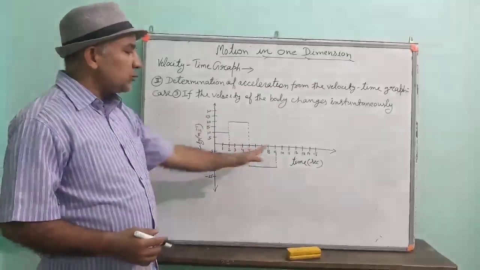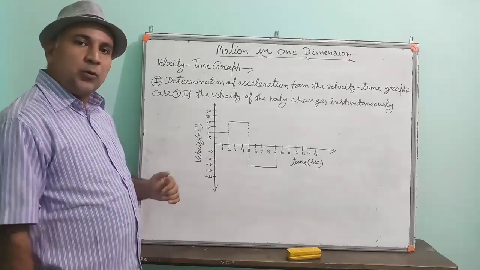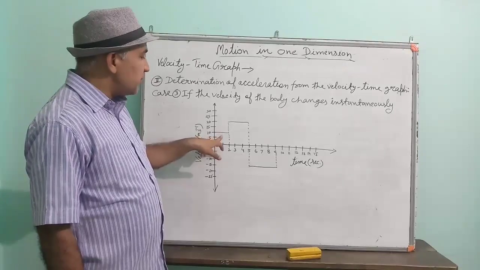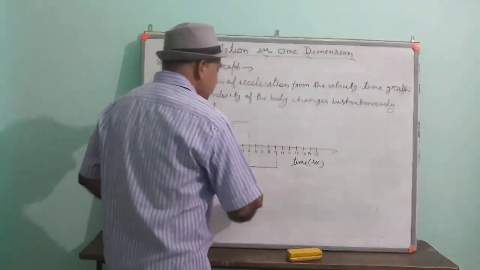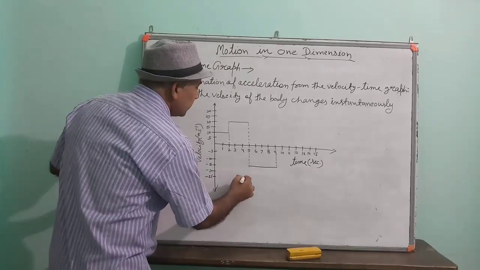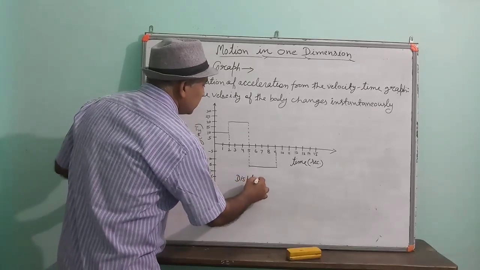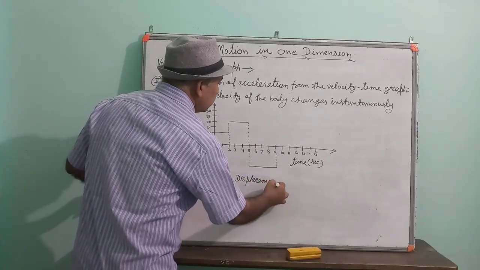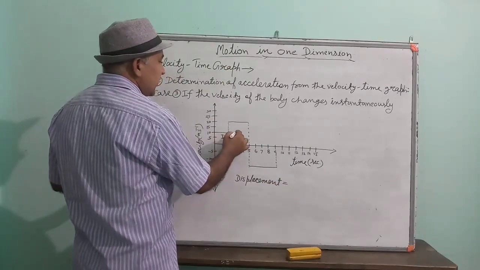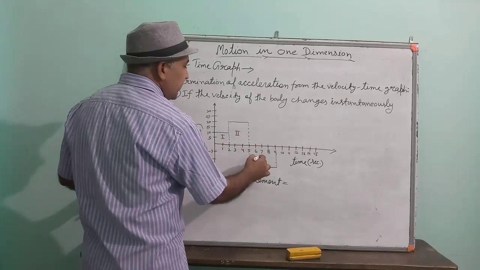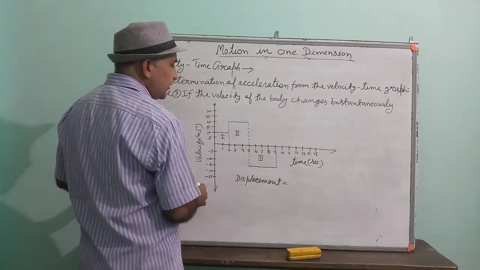So what will be the total displacement here? We know that to find the displacement, we find the area of the graph. So here, what will be the displacement? See here. Displacement is equal to area of this first part, area of the second part and area of the third part.